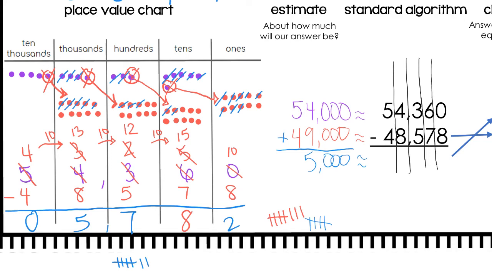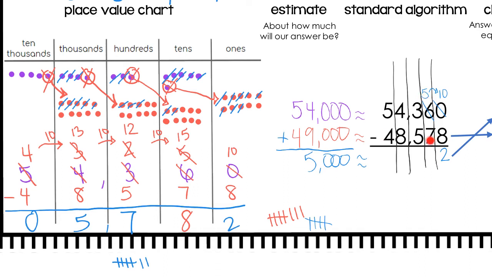I can't do that, so I'm going to say, all right, let's regroup. I take 1 ten. Now I have 5 tens. I'm regrouping 10 more. Now I have 10 in the ones place.